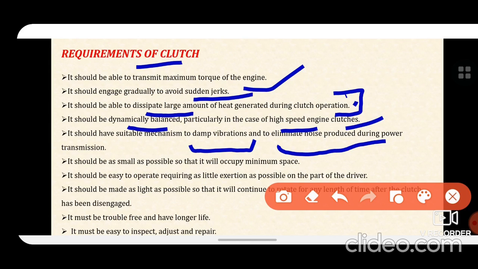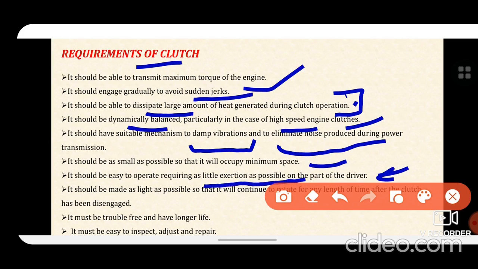It should be as small as possible so that it will occupy minimum space. It should be easy to operate, requiring as little exertion as possible on the part of the driver. Means we have to work on minimizing the exertion on the part of the driver.